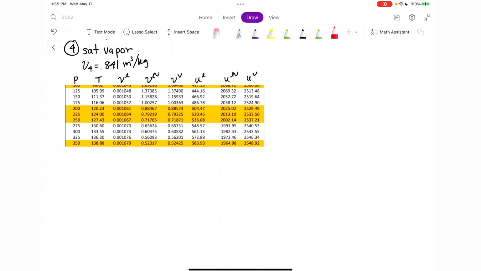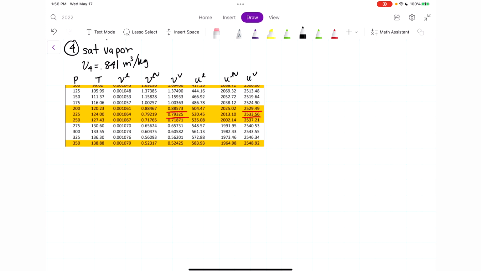We don't have 0.841, but we do have 0.88573 and 0.79325, and their corresponding internal energies would be 2529.49 and 2533.56. Since we don't have the tabulated value, but we do have a higher and a lower one, we can simply linearly interpolate.